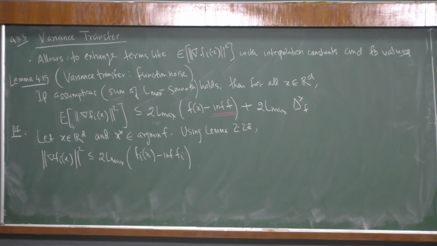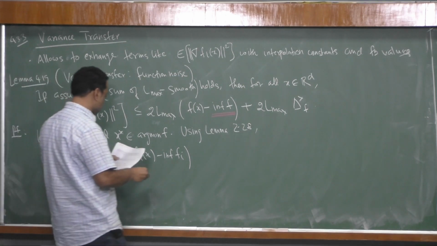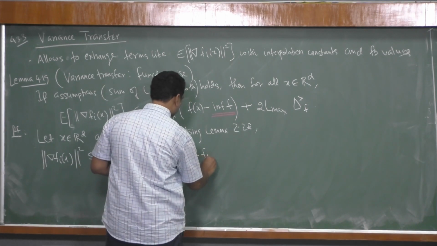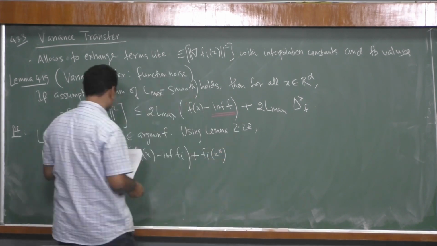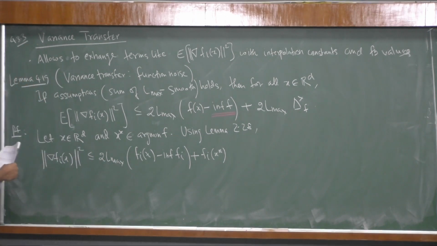In this case, I see infimum of f_i is there, but f_i(x star) is not there. Then let us bring f_i(x star). Okay, add and subtract. So we will add and subtract 2 L max f_i(x star).